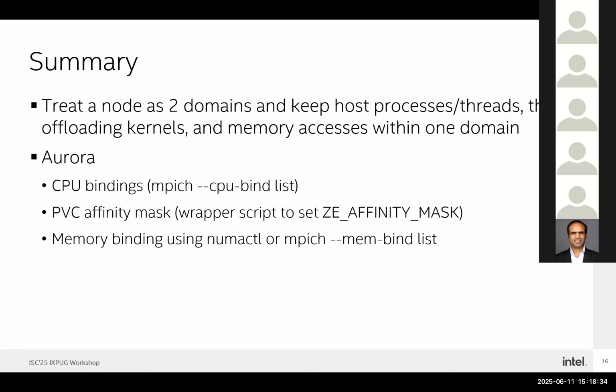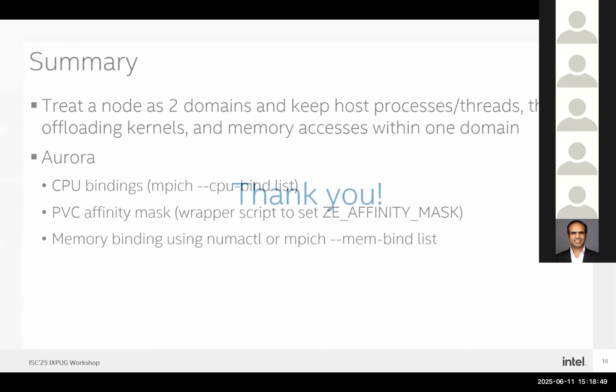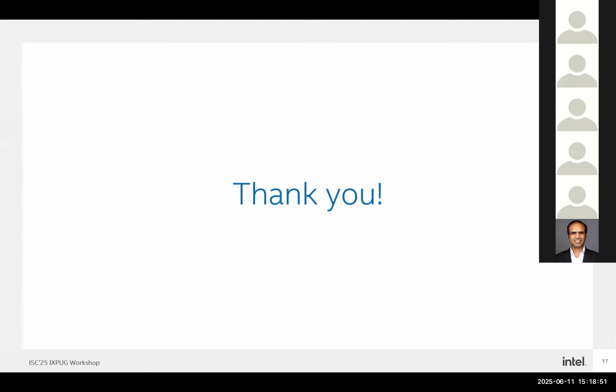CPU binding, PVC affinity, and memory bindings are important. Defaults should be okay to start out with, but it's good to map them to target the specific needs of your application. That's it. Thank you.